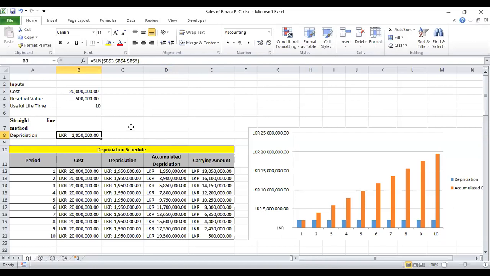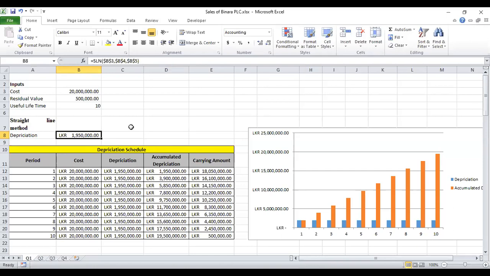Say it's a machinery, like we have here, and we would be expecting the same amount of output in each year throughout the useful life. Here we have a 10 year useful life, so throughout it we may expect an equal benefit. So it must be reflected in the depreciation method you use.